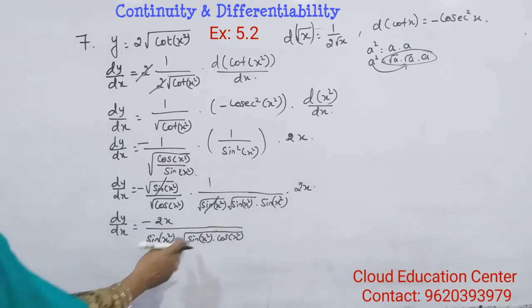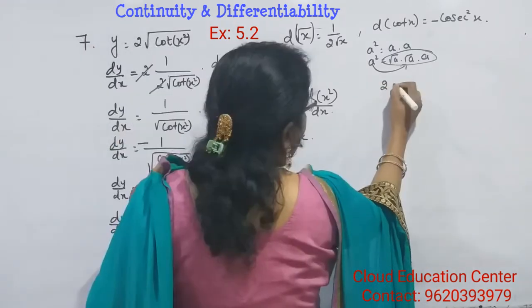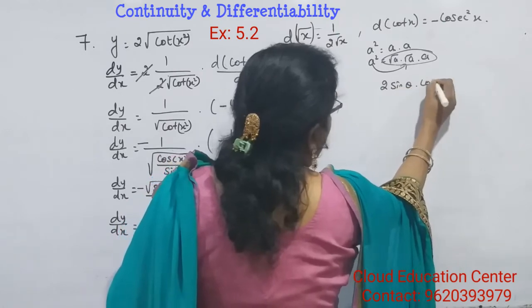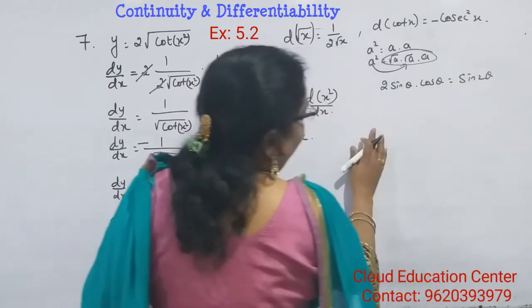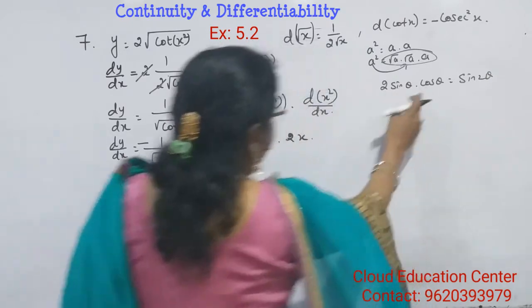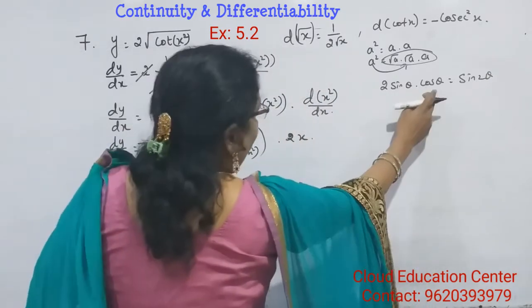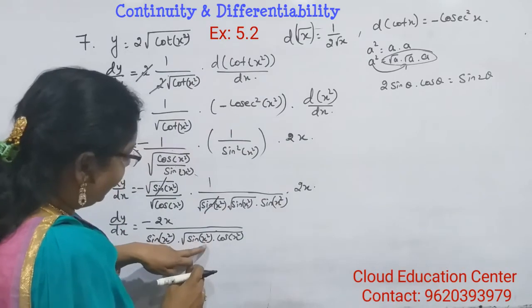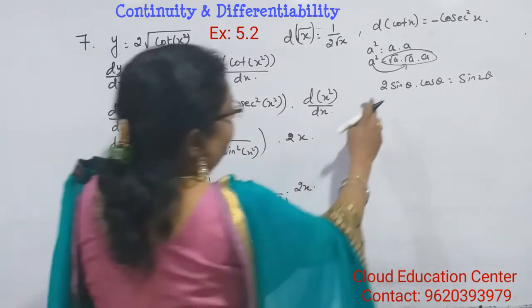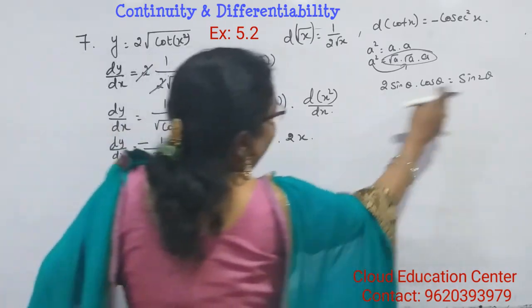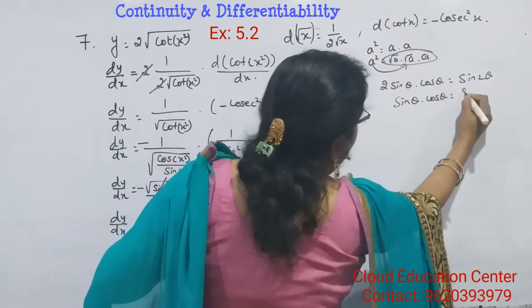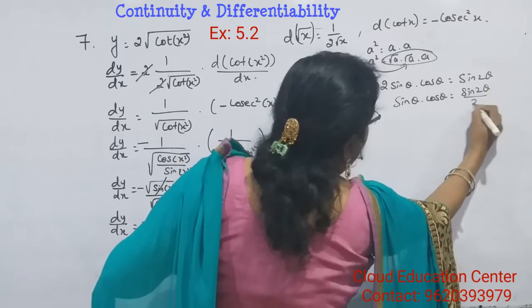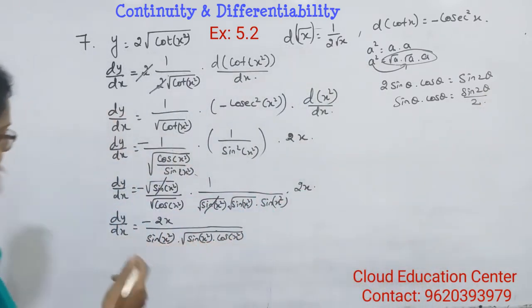That's it. Now we know the formula 2 sin theta into cos theta equal to sin 2 theta. This is a trigonometric formula. Here if you check, we have sin theta cos theta, here instead we have sin x square into cos x square. The only thing is the 2 is missing here, so we will take the 2 to the other side. So sin theta into cos theta is nothing but sin 2 theta by 2. That we will substitute here.